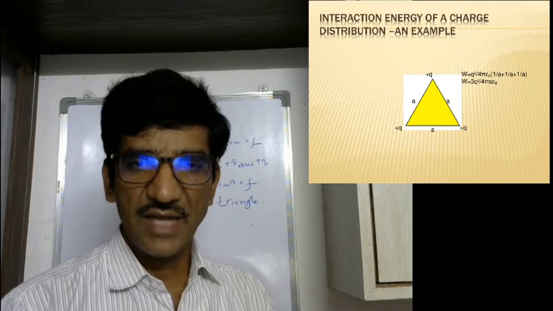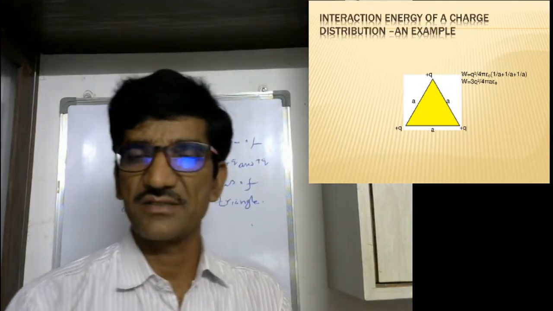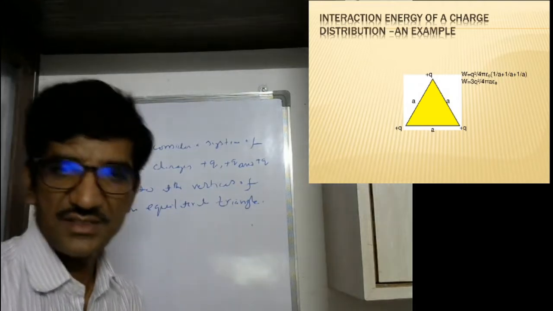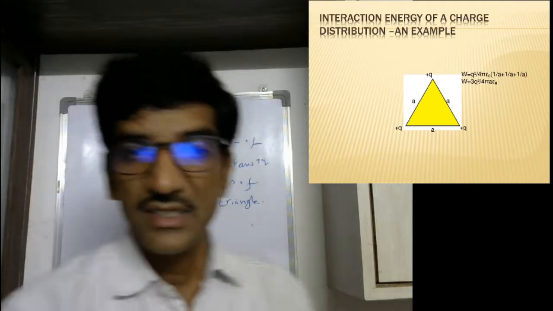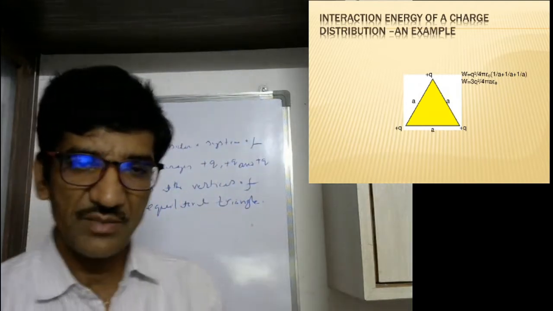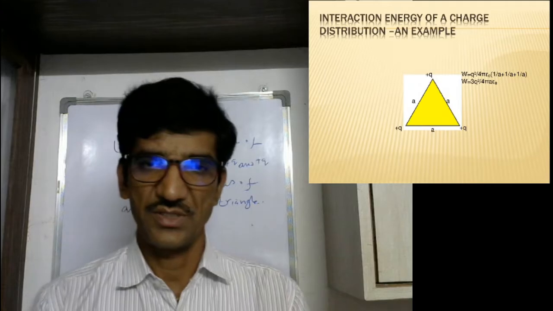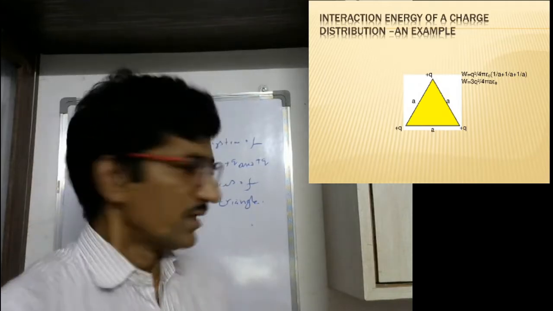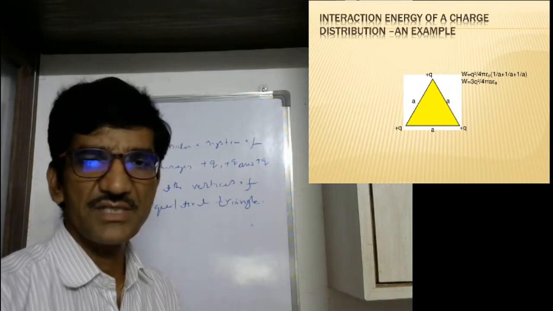In the last class we wrote the general formula for the interaction energy of the system. In that interaction energy formula, instead of one q in the potential formula of the point charge, you have two q's. How many pairs of charges are there?